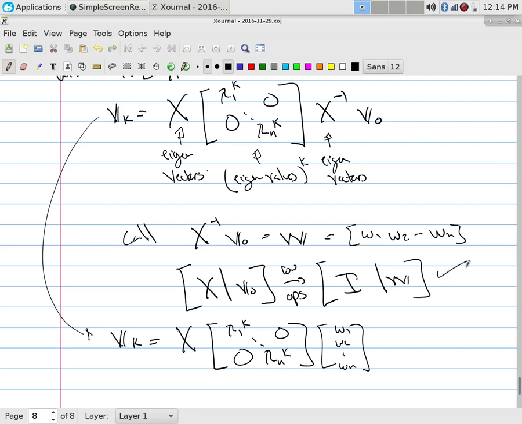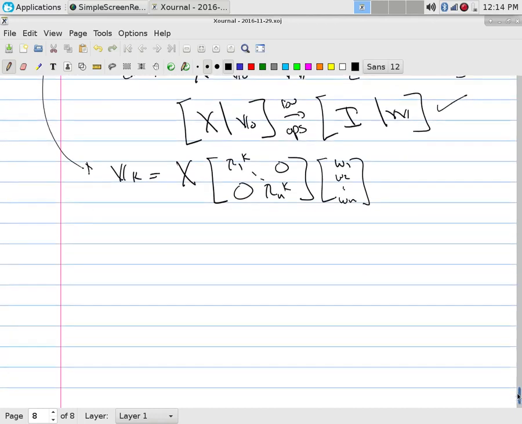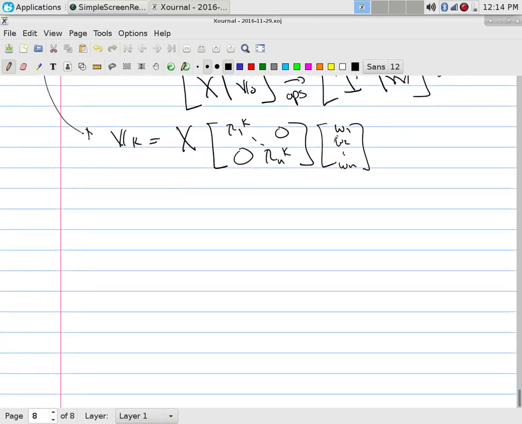That's how you found those w's. Well, that's a bunch of zeros. So when I multiply this matrix, that's just going to be x. If I go ahead and multiply this, it would be a nice vector that looks like this: lambda 1 to the k, w1; lambda 2 to the k, w2; lambda n to the k, wn.